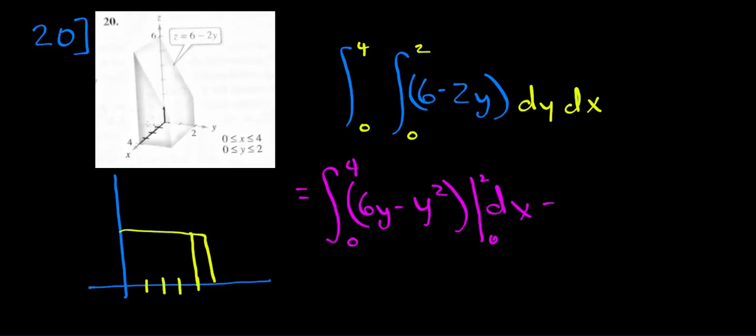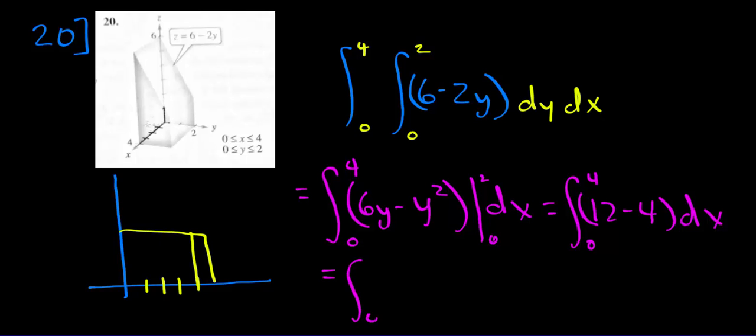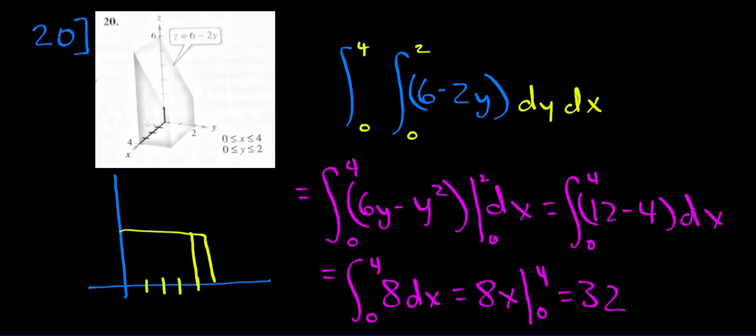So if I go ahead and evaluate this, I've got 0 to 4, and if I put in a 2, I've got 12 minus 4 dx, which is 0 to 4 of 8 dx, which is 8x from 0 to 4, which is 32. So let me know if I get something that differs from you, because maybe I messed up. Okay, any questions about that?